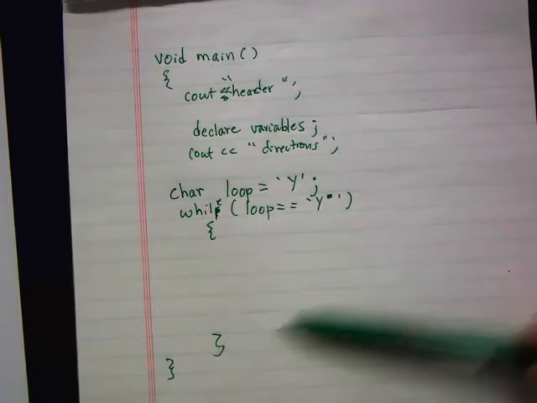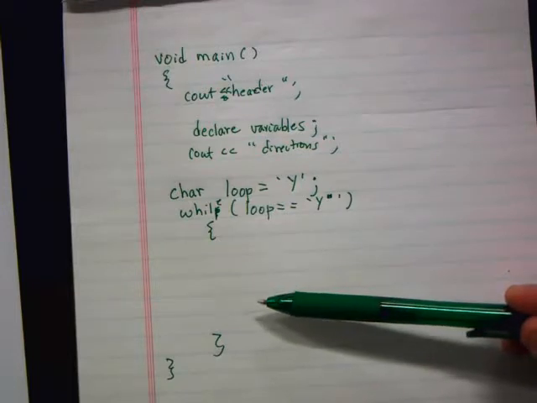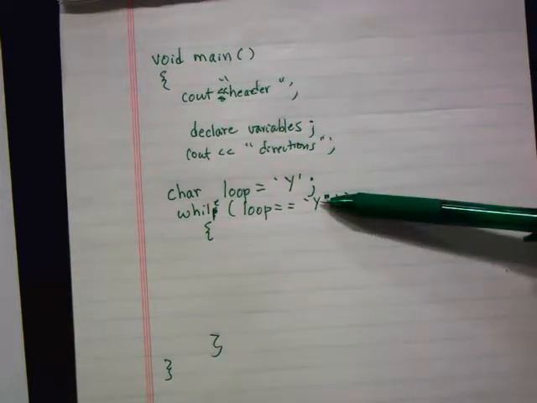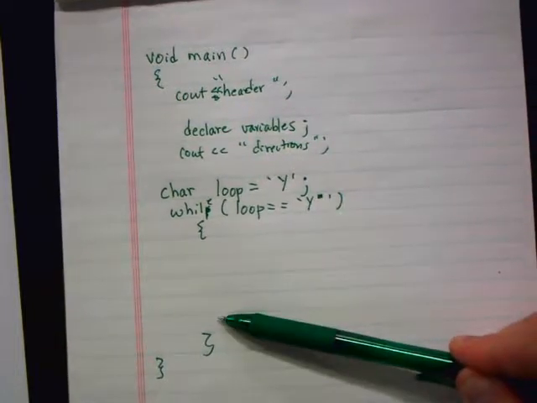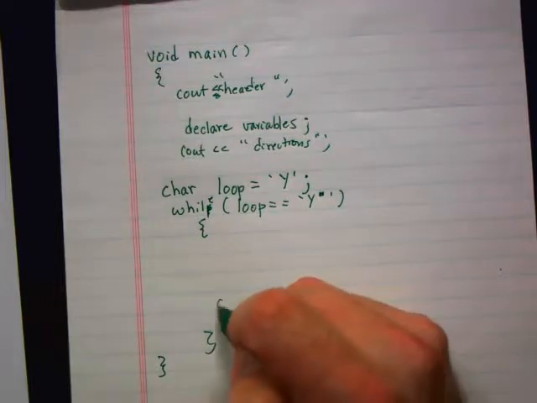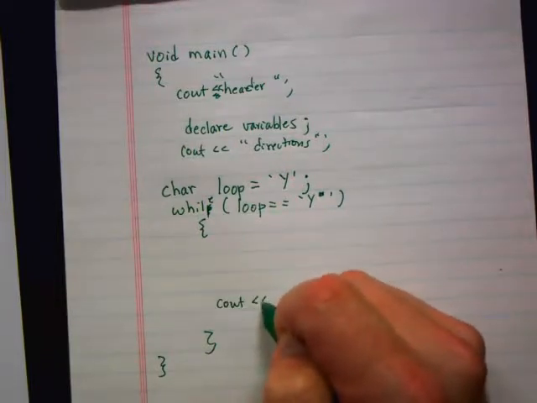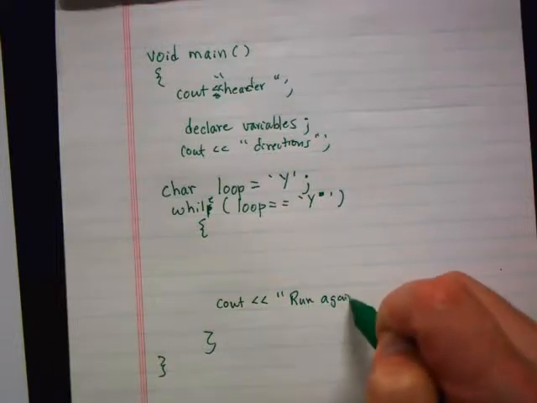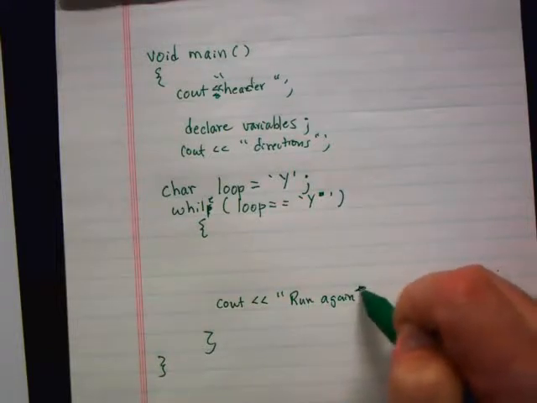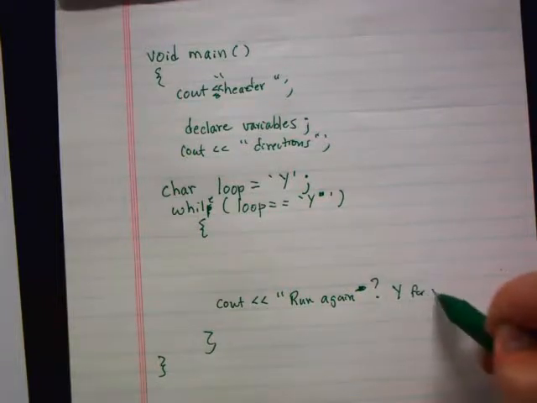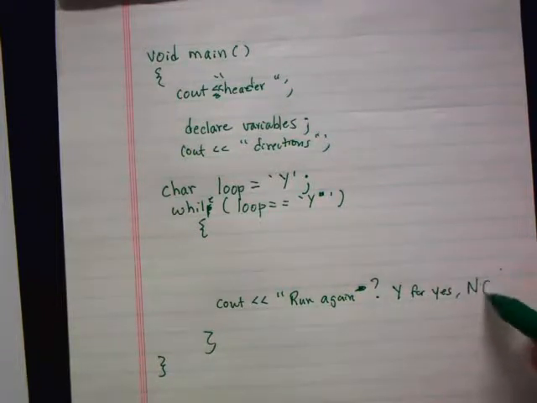Now, here's where my teacher did not do a good job. You need to have a way to end this loop. So way down at the bottom somewhere, after you've done all your other stuff, you're probably going to want to have a cout, "Run again? Y for yes, N for no."